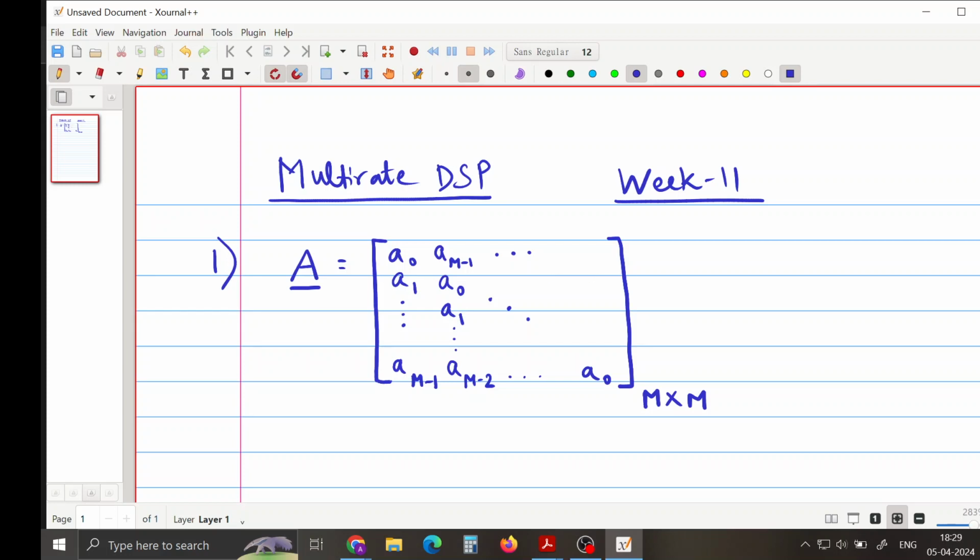Coming to the last column, A0 appears here. Its successive elements like A1, A2 now come to the top. So A1 will come here, followed by A2, so on till Am minus 1. So this is the structure of the circulant matrix.